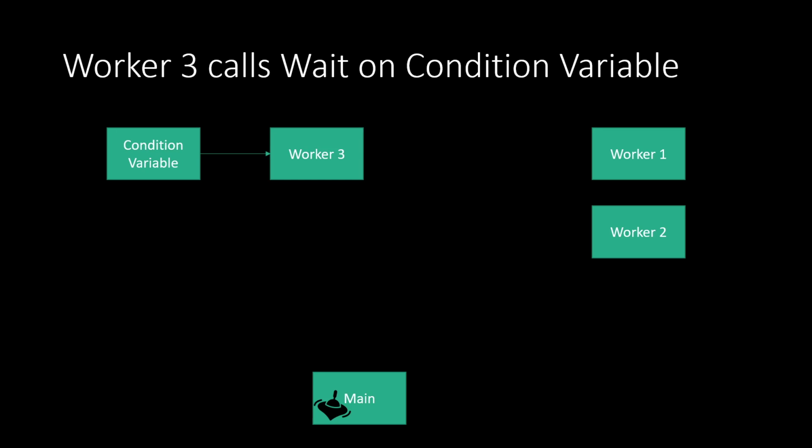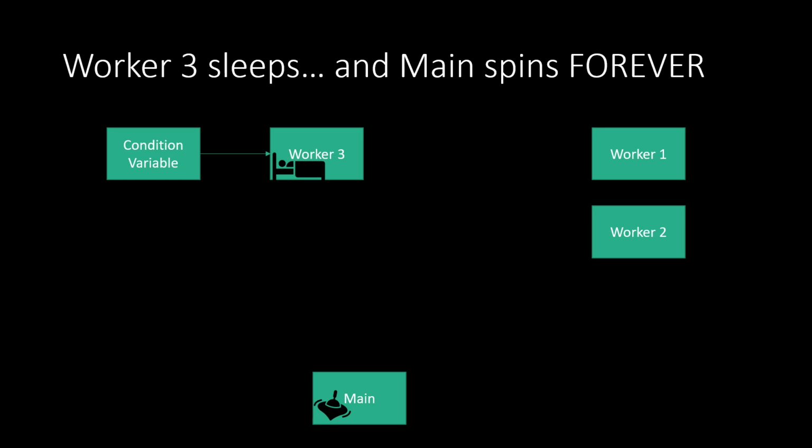And we can see by that little spinning top, main is at this point spinning, waiting for 3 workers' worth of work to complete. And that's never going to happen because the 3rd worker is sleeping. So this is how we end up in a deadlock type situation.